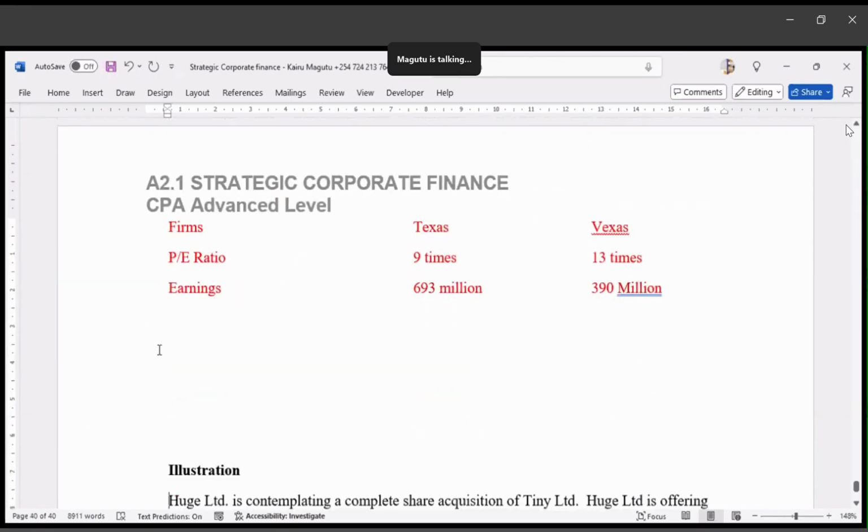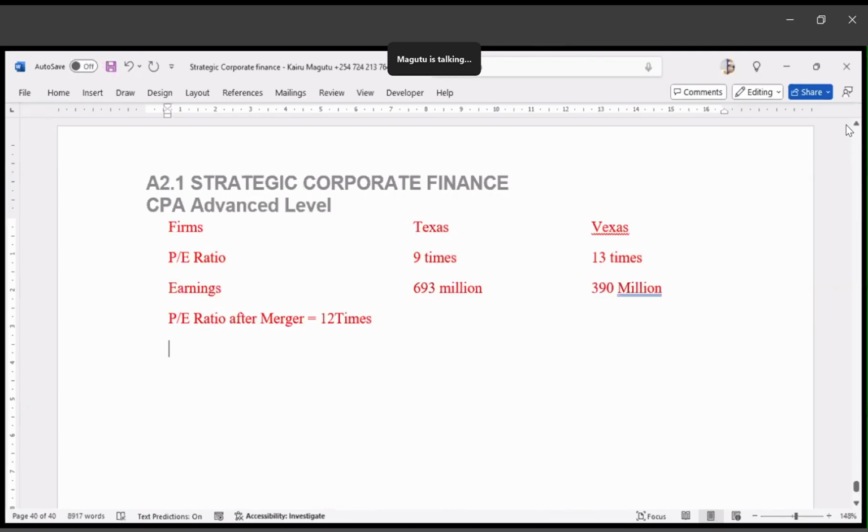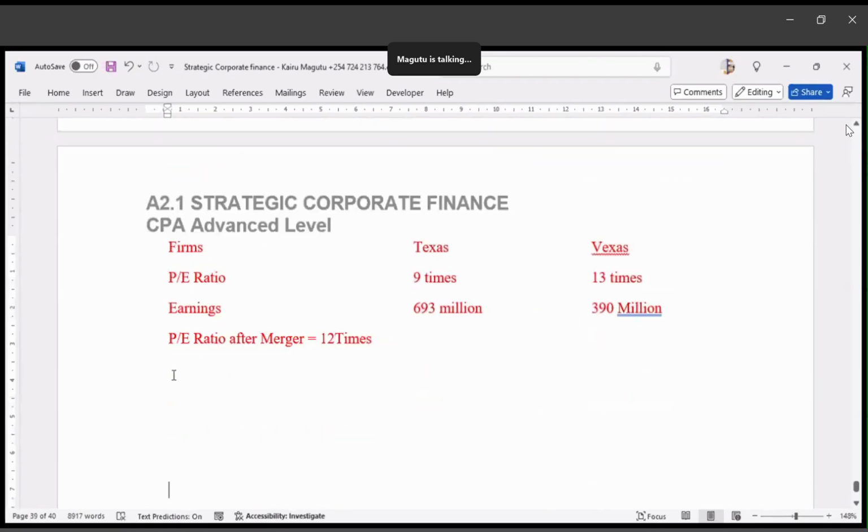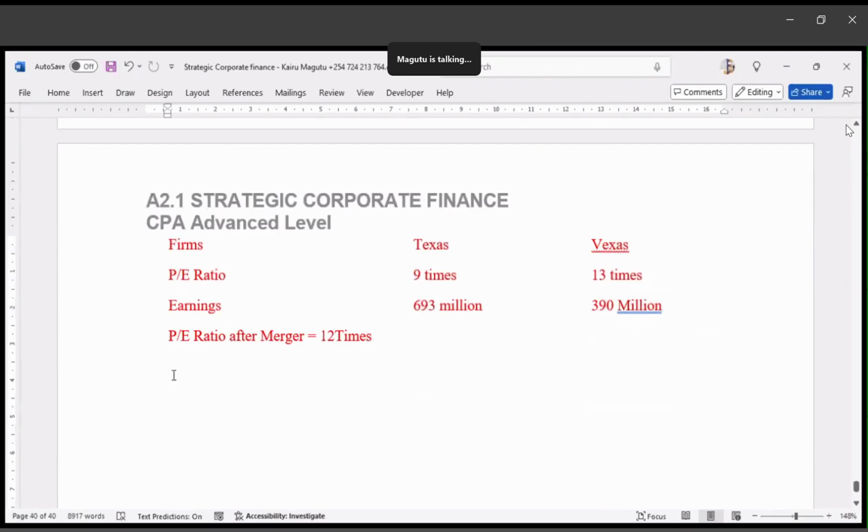So the price earnings ratio after merger is equal to 12 times. Now, if this is the case, the first question is the minimum value acceptable to Vexas.